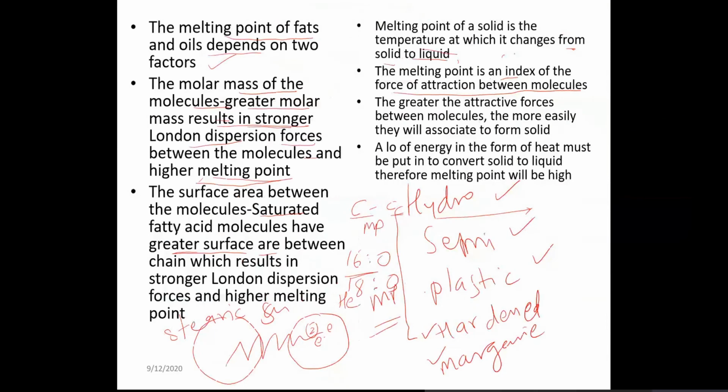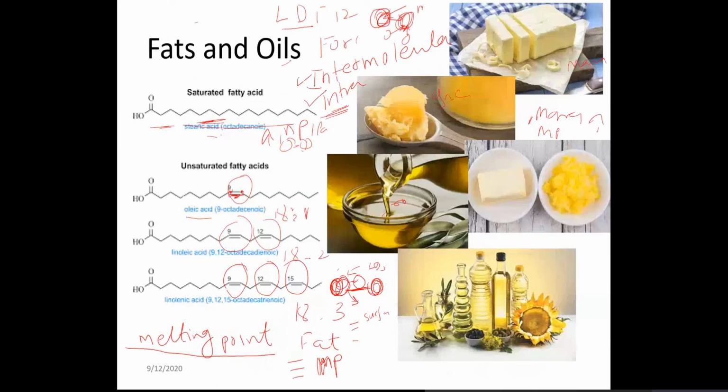Obviously stearic acid is going to have a higher melting point than linoleic, linolenic or oleic acid. During hydrogenation, you are taking an unsaturated fatty acid with the double bond and adding hydrogen here, converting that unsaturated fatty acid into a saturated fatty acid.